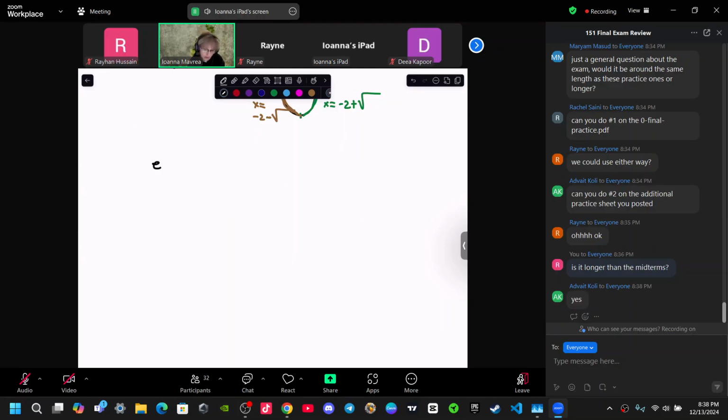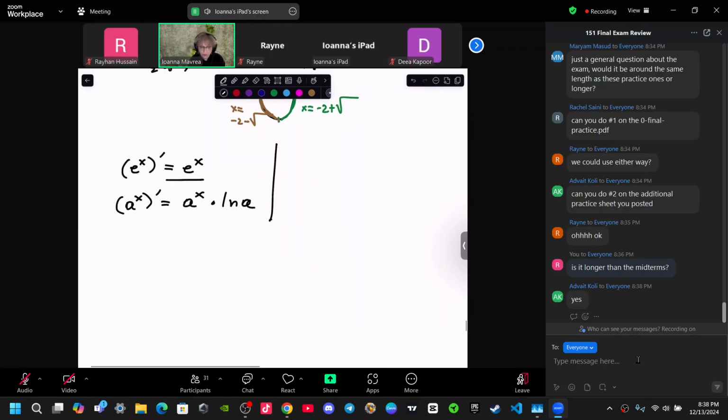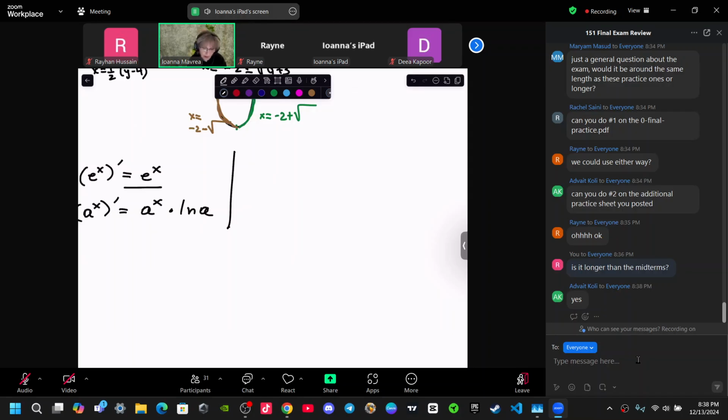So you have the formula that says the derivative of e to the x is e to the x. And also you have the formula that says the derivative of a to the x is itself, just like this is, times natural log of a. Need to know that. Also, you need to know notation. In this case, you can write it this way, or you can write the derivative with respect to x of e to the x. It's the same thing.